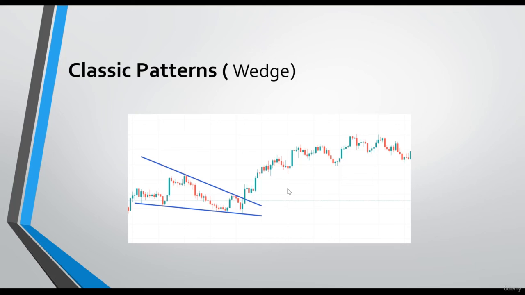Anyway, we have the same strategy: whenever we have a breakout from one side, the market or the trend goes the same side. For example, in this photo, we have a breakout from the top, and you can see it has changed to a bullish trend. All right, everybody, these were classic patterns.